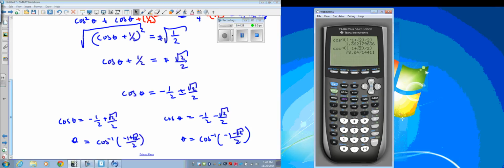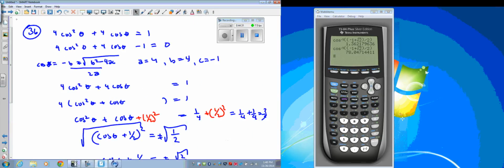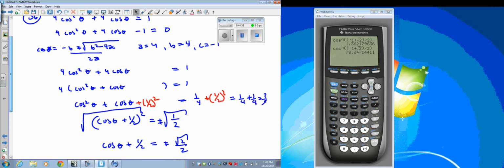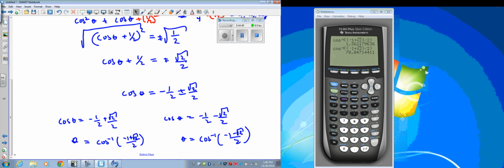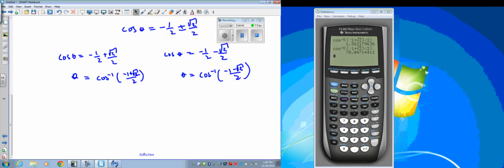Which number are we doing? 78, yeah. To the nearest 1/10 of a degree. So this one would be 78.0 degrees.